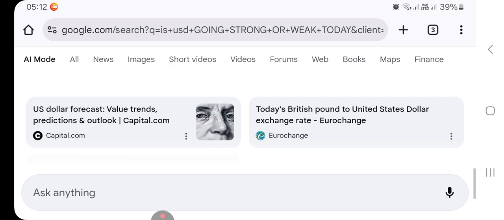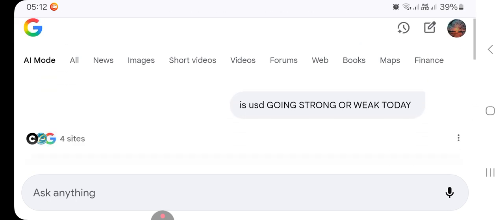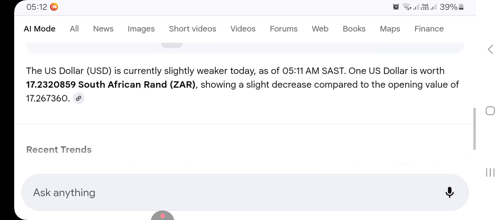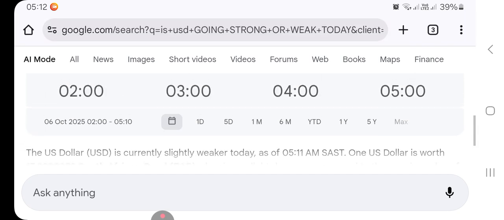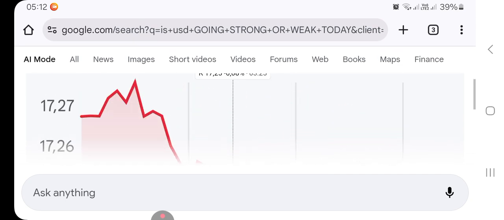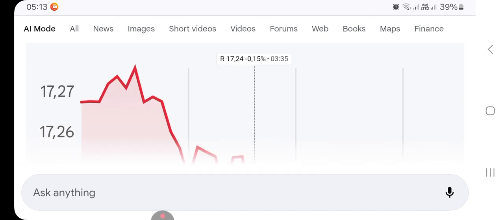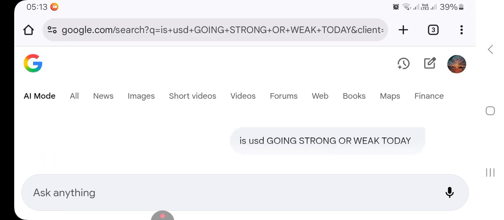You can see they don't give us much, but the first statement we came across tells us the US dollar is currently slightly weaker for today. The analysis shows it's red, which shows that the USD is weak.